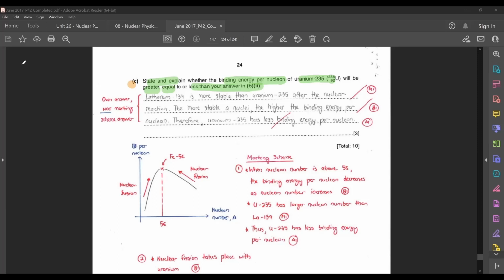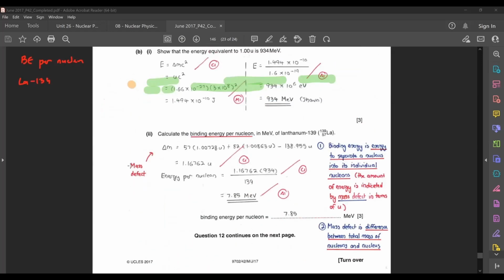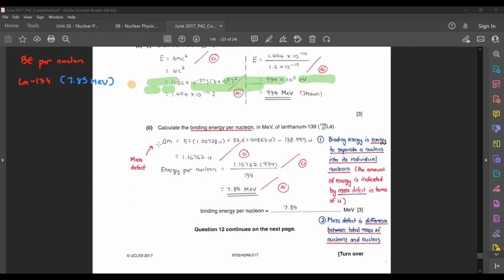So just to recap, the binding energy per nucleon of lanthanum-139, which you just found, was 7.85 MeV.